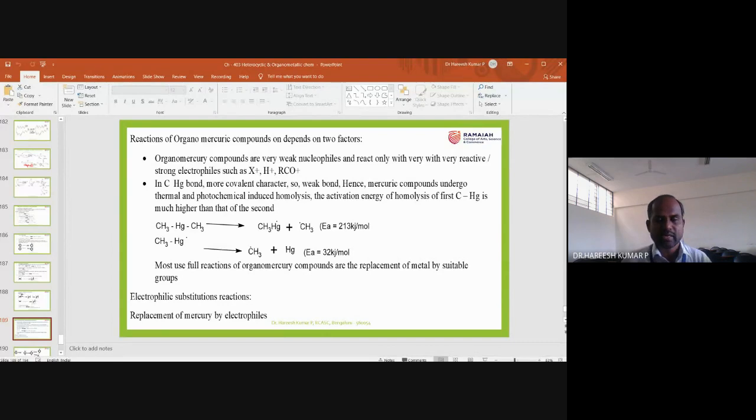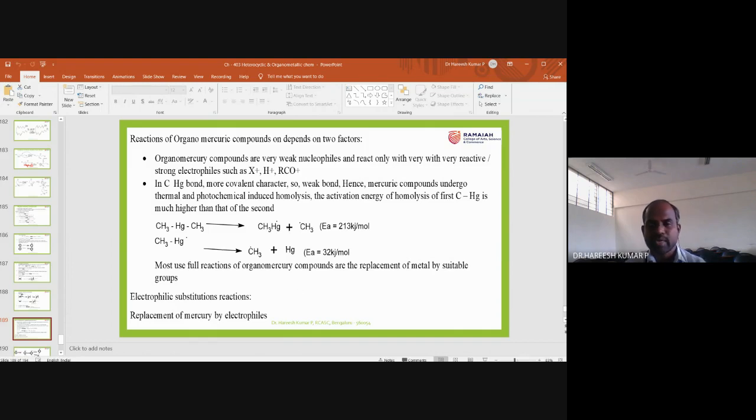Mercuration: mercury is added to the aromatic compound, and then that mercury is replaced with electrophiles, for example bromine, iodine, more particularly Br plus, I plus, Cl plus, acetyl plus. It's demercuration, in which an electrophile is added. So that's the reaction.